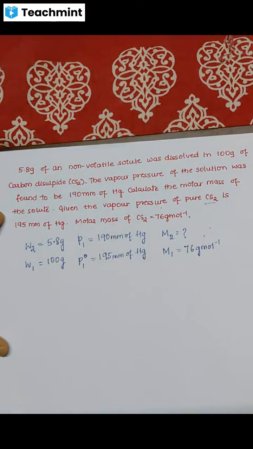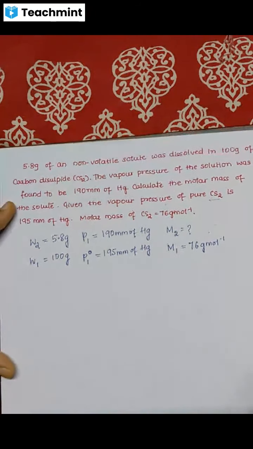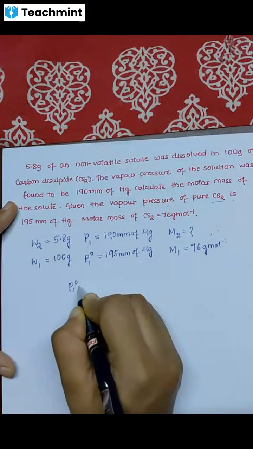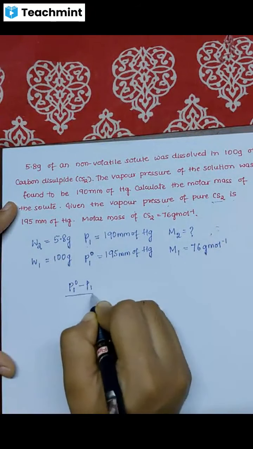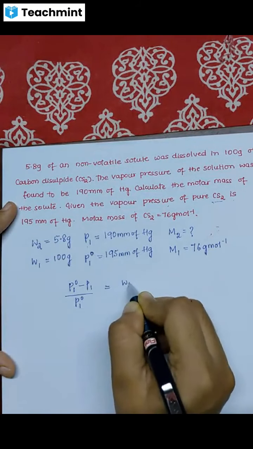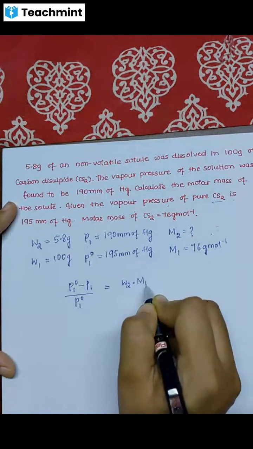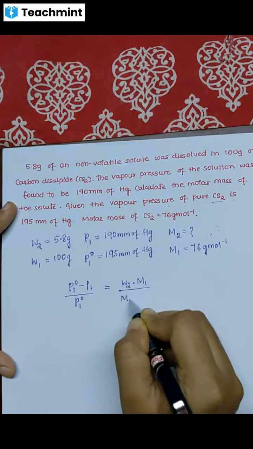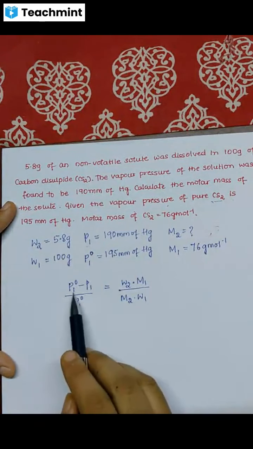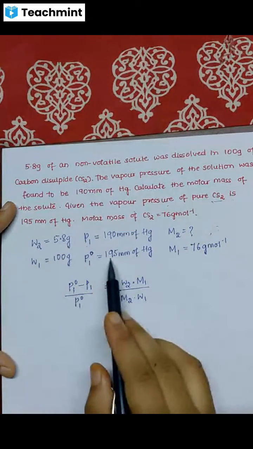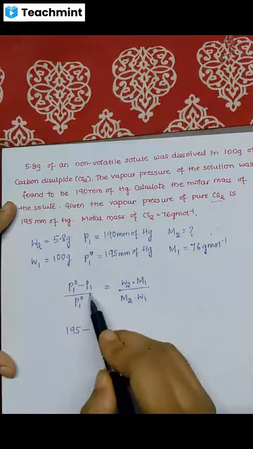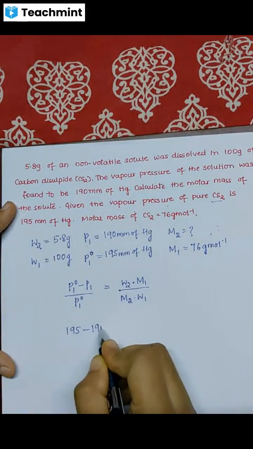Now the first thing we have to do is specify the formula, write the formula. The formula is P1 naught minus P1 divided by P1 naught equal to W2 into M1 divided by M2 into W1. So the value of P1 naught is 195 minus the P1 value 190.